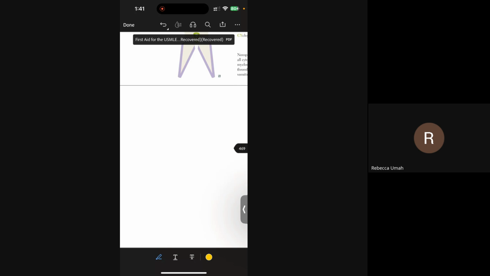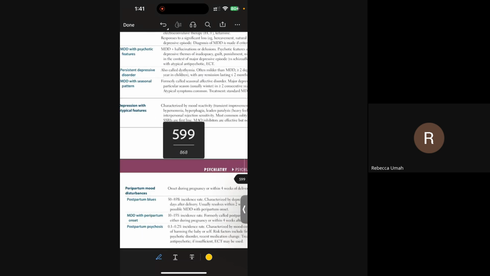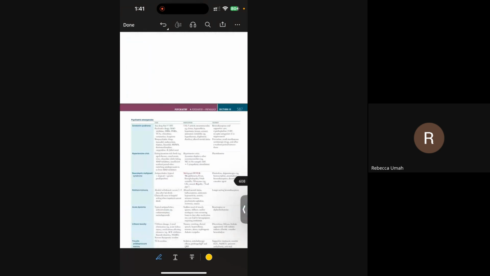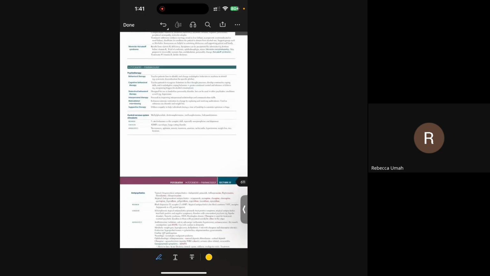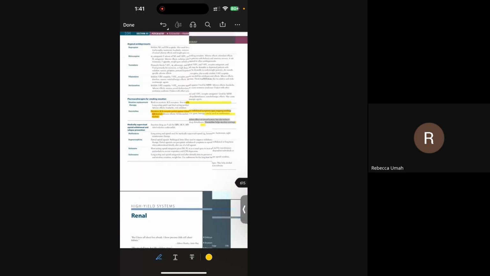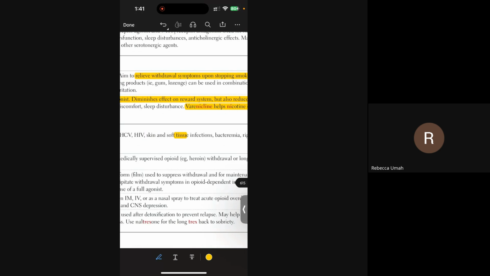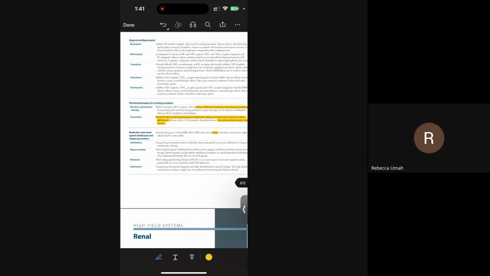Varenicline helps nicotine cravings by diminishing the effect on the reward system, but also reduces the withdrawal. So varenicline is the right answer in this question.